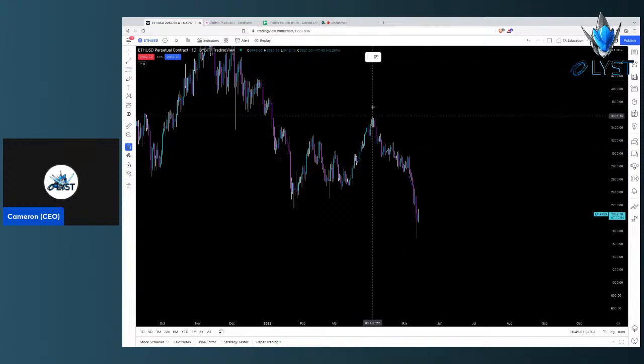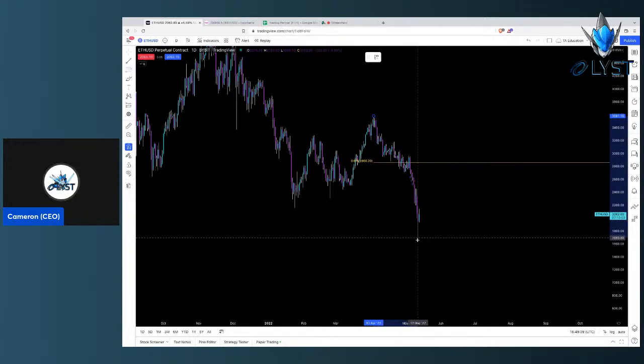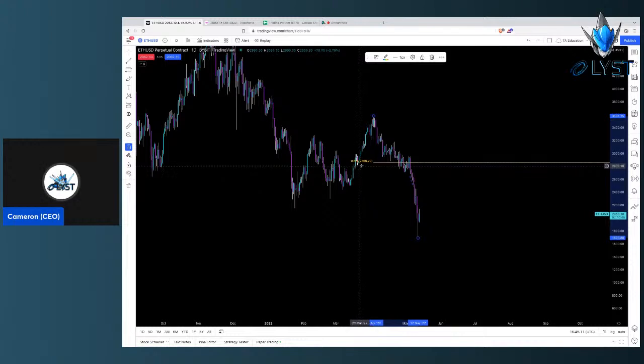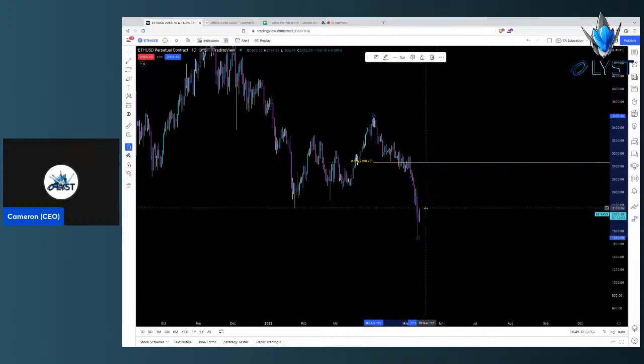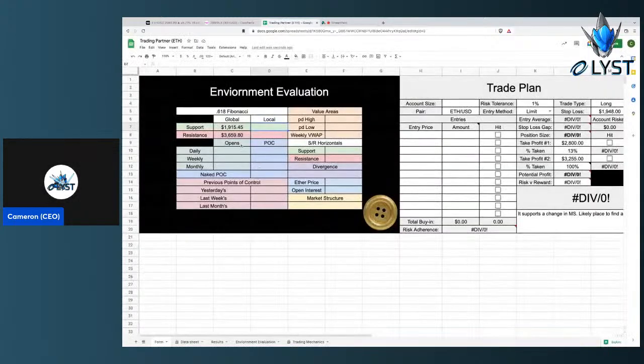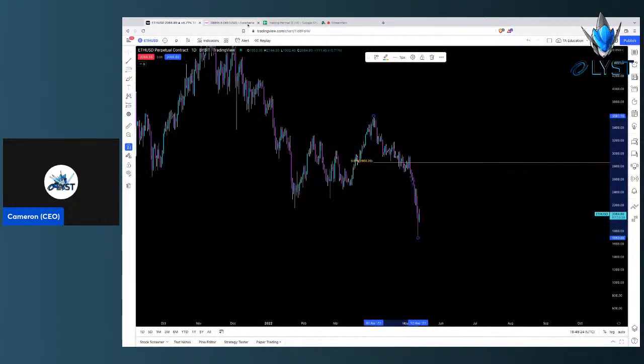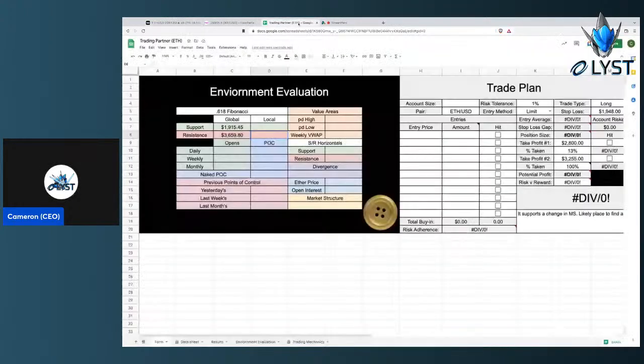What would be a level you'd want to identify? This right here would be the level I would want to identify: 28.60 and 20 cents. This is the 618 resistance on the local trend. So what did I say it was? 28.60 and 20 cents.